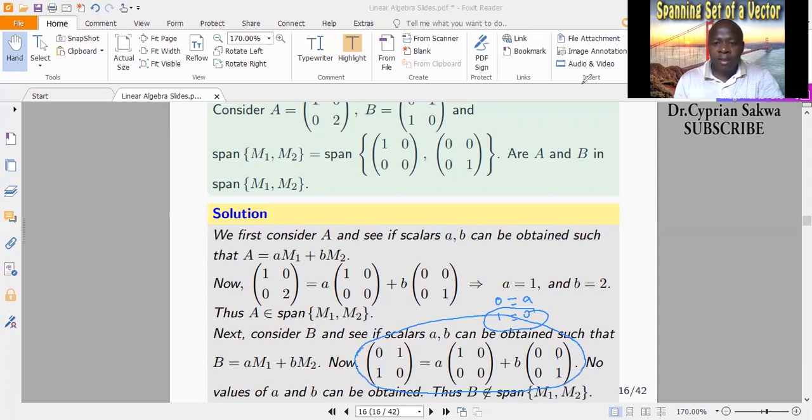So what that means is that B cannot be written as a linear combination of this and that, and therefore B is not in the span. That's what this implies.